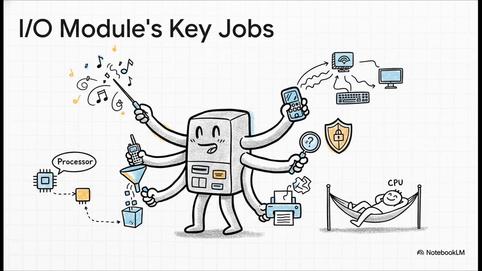It's juggling control signals and timing, it's talking to the processor, it's talking to the specific device, it's buffering data to smooth out those crazy speed differences, it's even doing error detection. Like when your printer has a paper jam, the I/O module is what figures that out. At the end of the day, it's taking this huge administrative burden right off the CPU's shoulders.